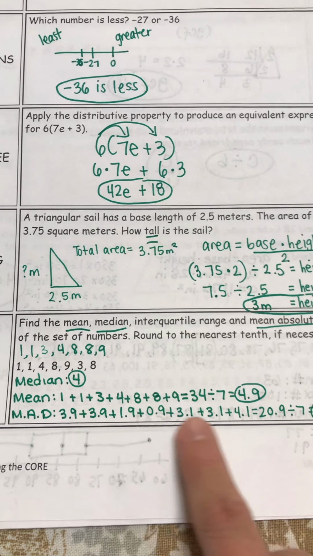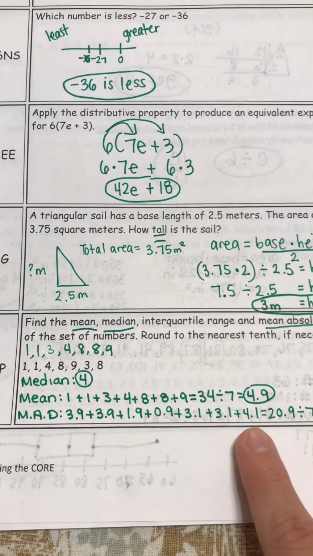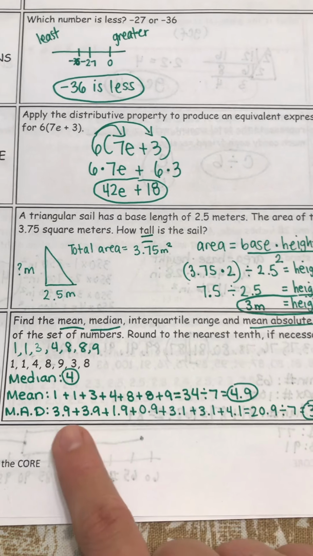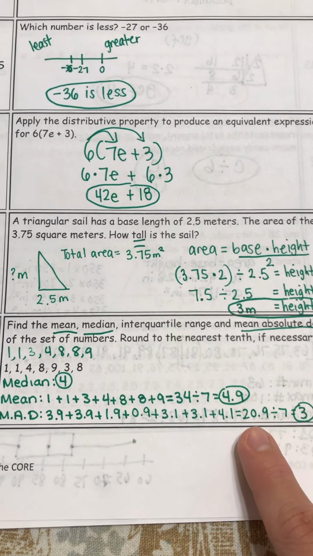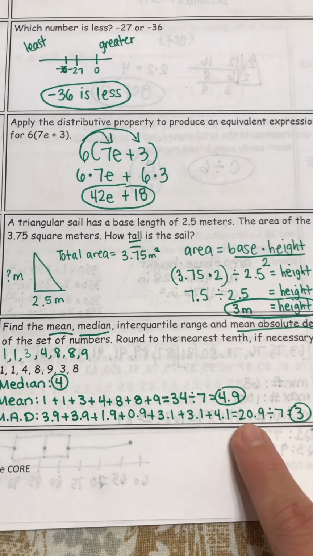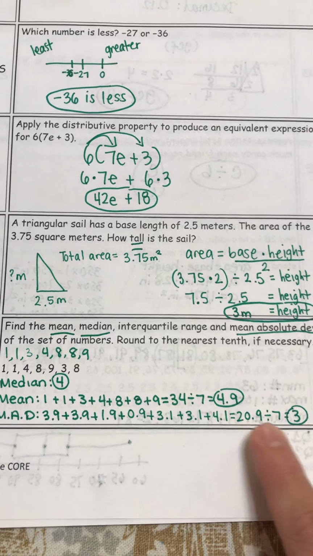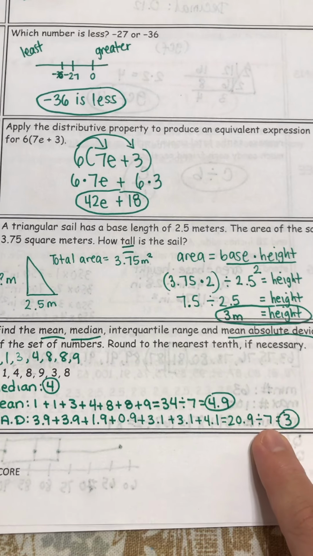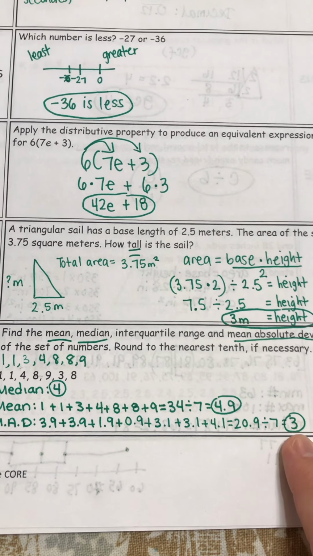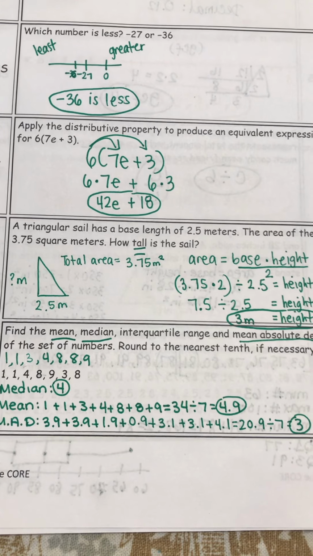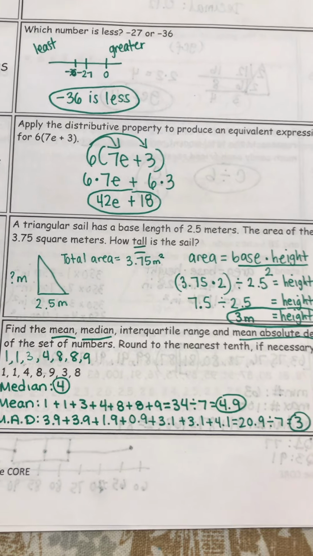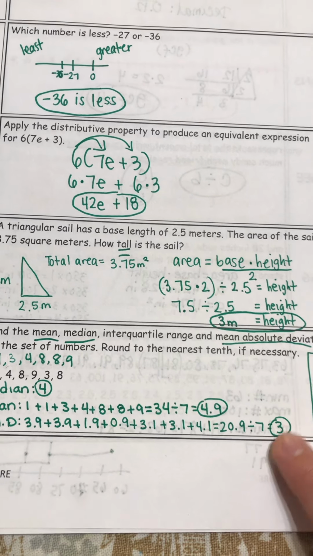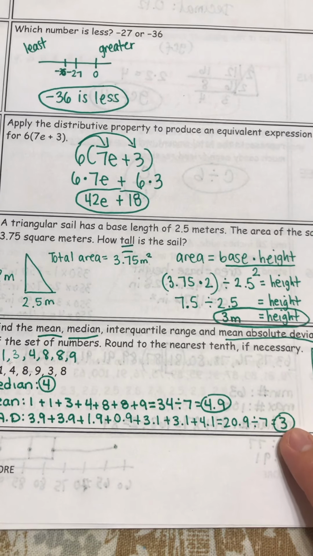Once we have those numbers, we add them, how much each number deviates from the mean, which came out to 20.9. Then we divide by how many numbers we had, which was 7, and this came out to like 2.98 or 99. Since we're rounding to the nearest tenth, it rounds all the way up to 3. So 3 would be our final answer.